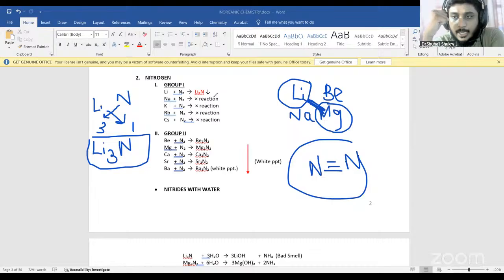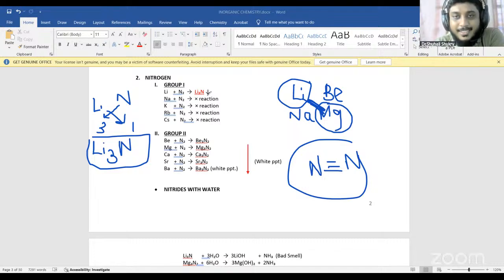Therefore God got angry with lithium and gave a curse: you should vomit blood. Therefore lithium nitride became red in color.